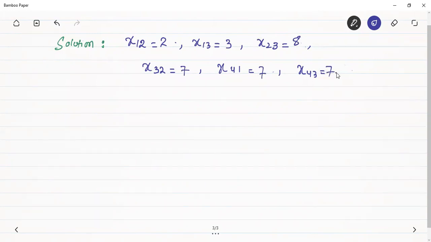Okay, you can see that 6 allocations have to be made. So you can also see here there is a rule, the m plus n minus 1 rule. Okay, how can we say that our initial basic feasible solution is a feasible solution?